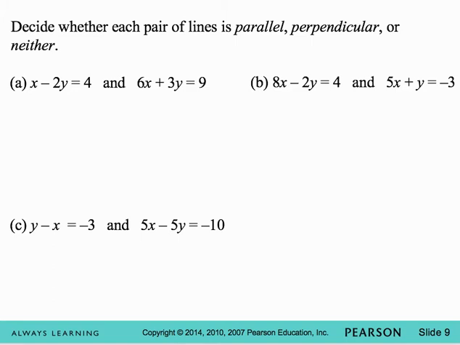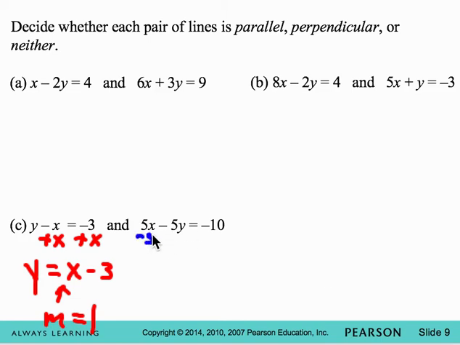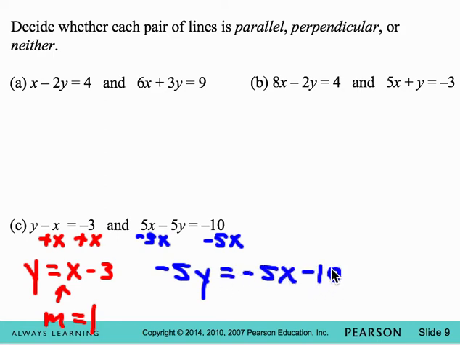One more. Okay, let's add x to both sides. So y equals x minus 3. The slope of this line is 1, right? If there's not a number there, it's understood to be 1. Let's subtract 5x, solve this one for y. So negative 5y equals negative 5x minus 10.